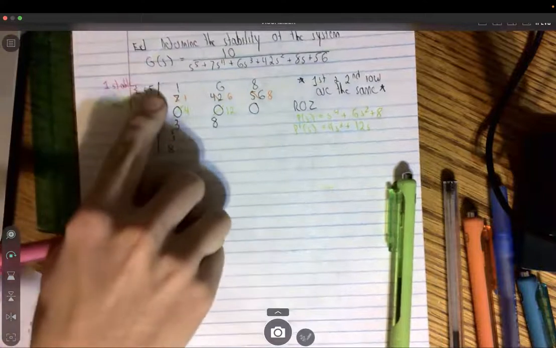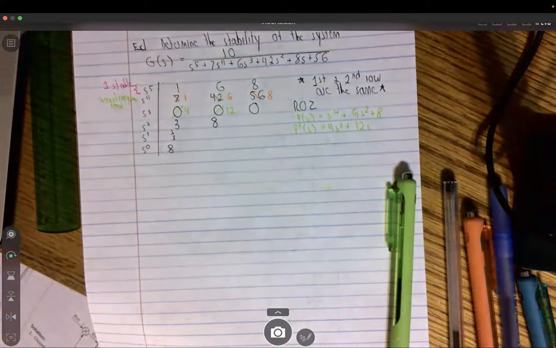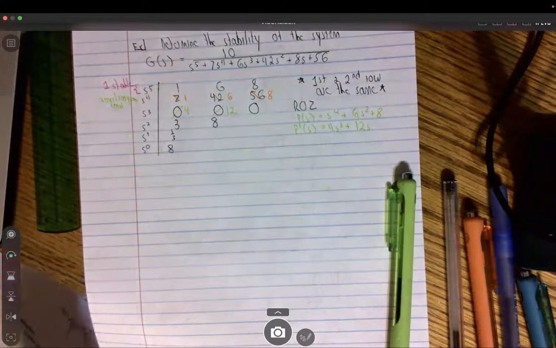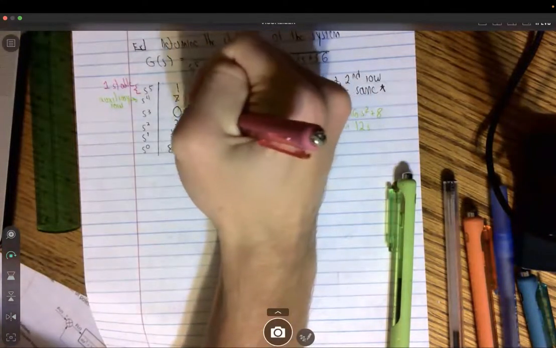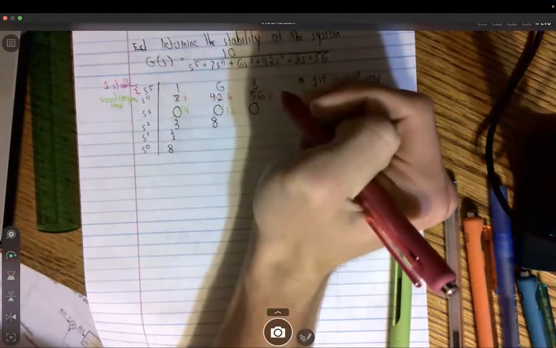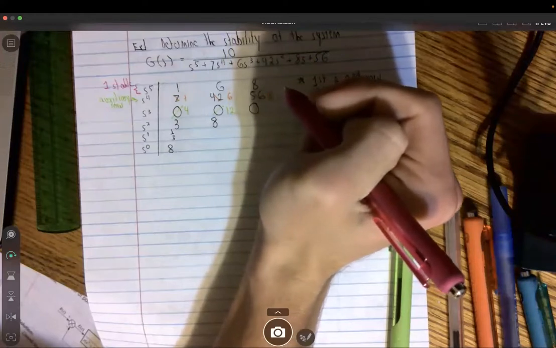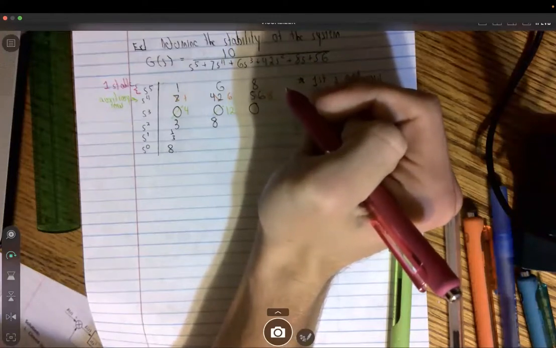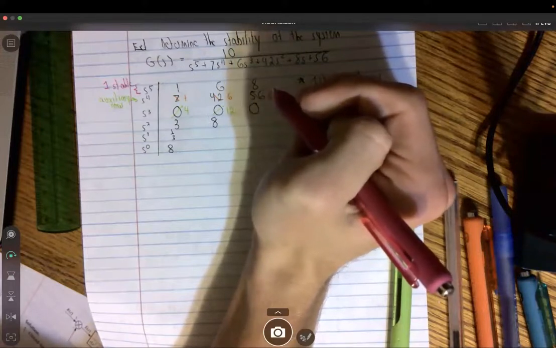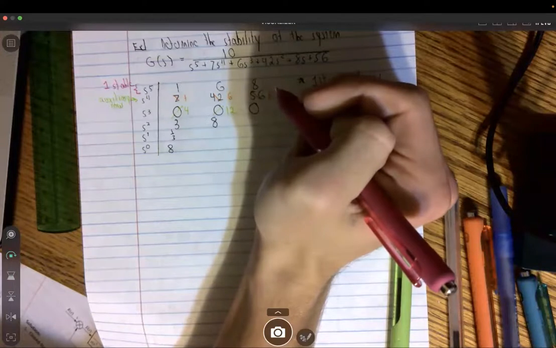So this is stable. And then we notice, within here, how many sign changes did we have? We had no sign changes. And so if we had no sign changes, then there's no unstable poles.